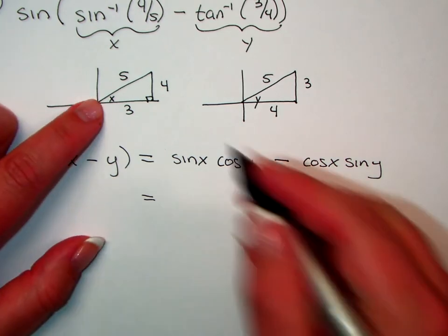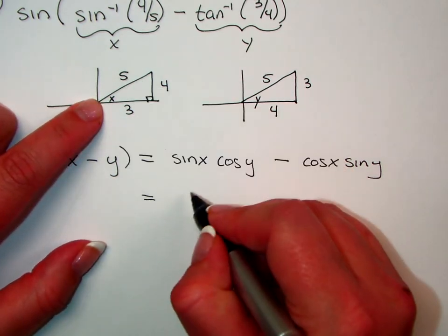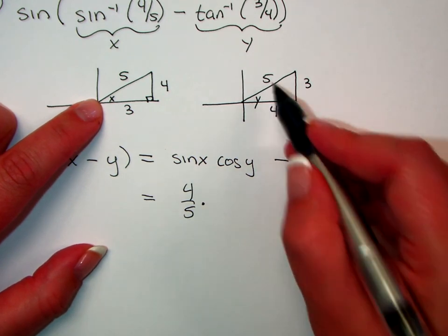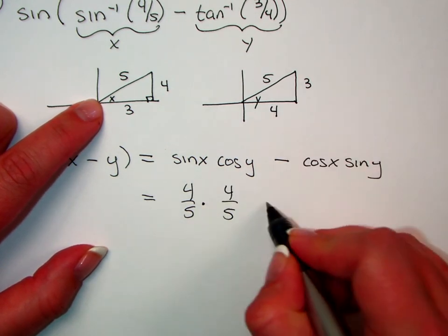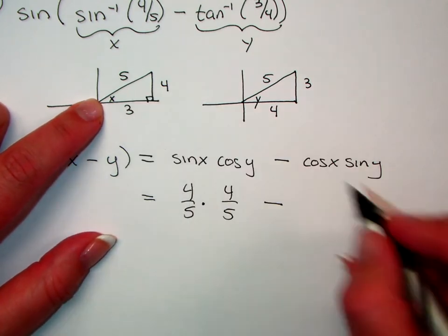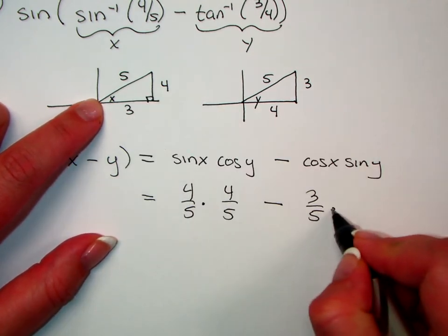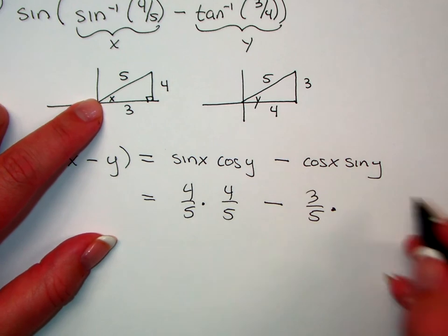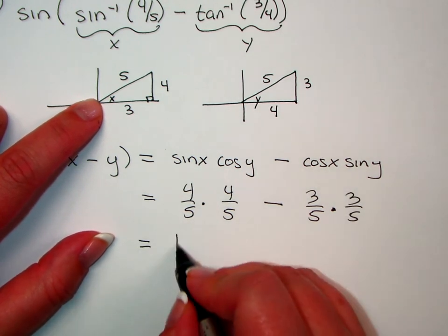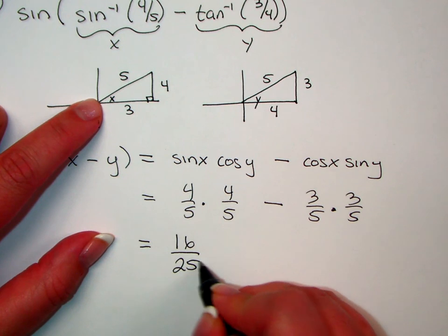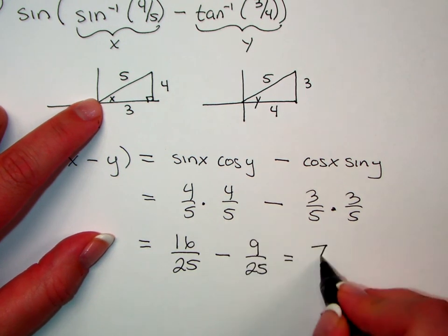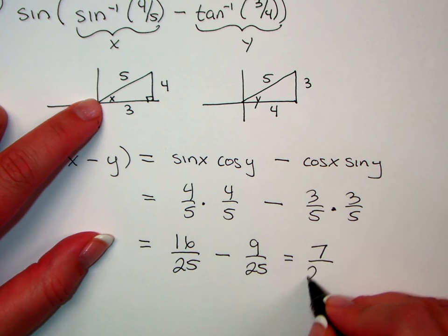Sine of x, opposite over hypotenuse. Cosine of y, adjacent over hypotenuse. Cosine of x, adjacent over hypotenuse. Sine of y, opposite over hypotenuse. So I'm going to get 16/25 minus 9/25 for a final answer of 7/25.